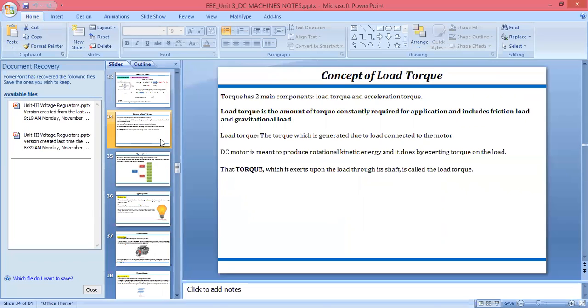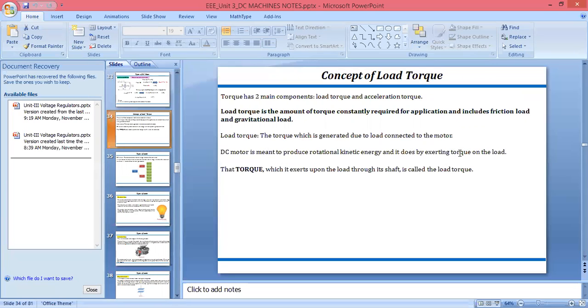So it is the moment of force that produces the rotational change, and the value of torque which we are giving on a load will decide how the DC motor will rotate. Because when we are giving the power supply, as torque gets introduced, it will exert the torque on that DC motor and it will start to rotate.